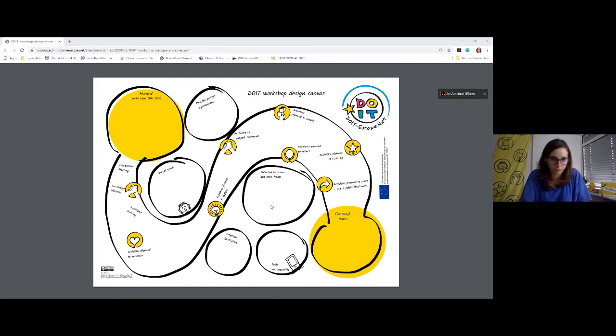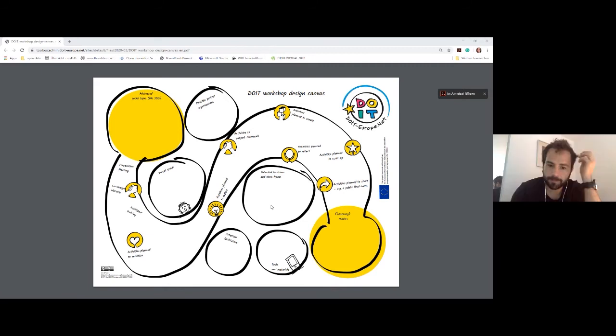Yes, we set up 2 FabLabs in schools, and more than the FabLab, we basically set up and trained the teachers and the community around, and this helps us to develop a good relationship with the school.